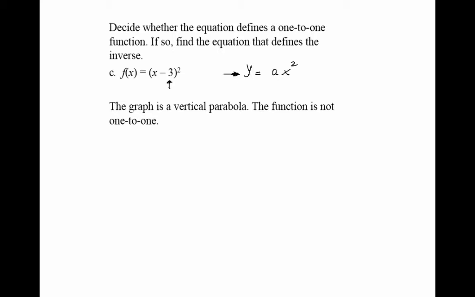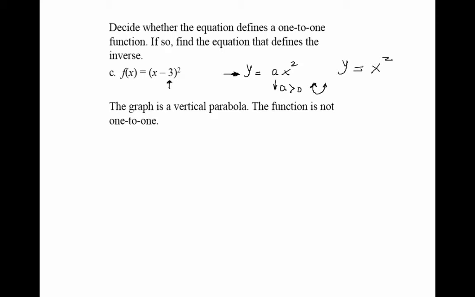But just by looking at this, the graph is a vertical parabola. The vertical parabola looks like y is equal to x squared. Now, if a is positive, then this parabola would open upward. So this is a graph of a vertical parabola.